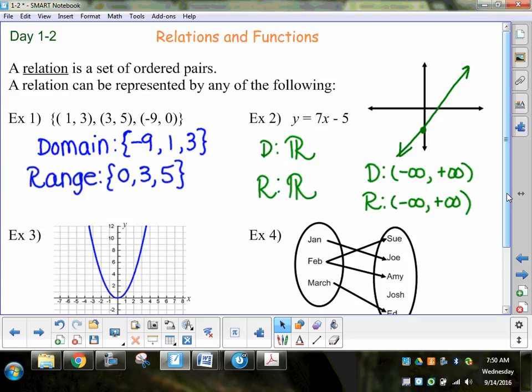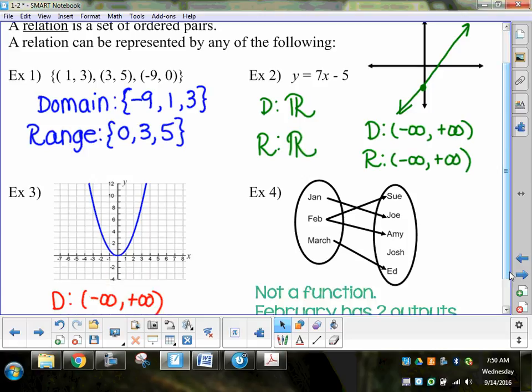That means that it's onto. Take a look at this function here. Example 3 is not onto. Hands up, please, if you can tell me why example 3 would not be an onto function, while example 2 is an onto function. We got 3 of you, 4. What do you want to say? Yeah, we don't use every available output value.